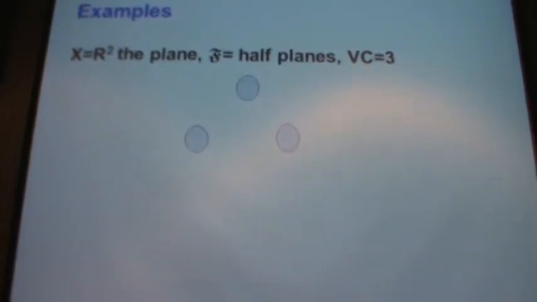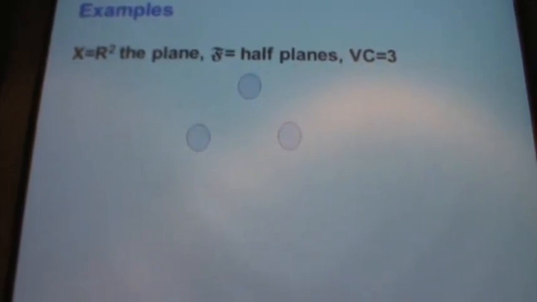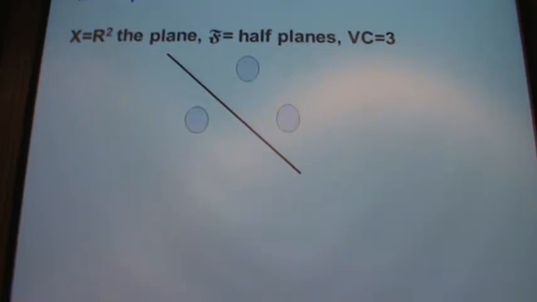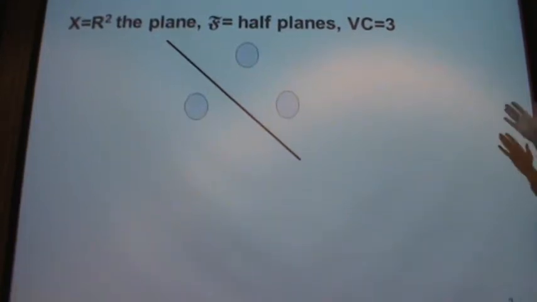A simple example is that the set of points, our set X, is the set of all points in the plane. And the set of ranges are all the half planes. So we take some line, and actually there is a picture here. We can take a line and take all the points, say, above this line. These are the ranges.